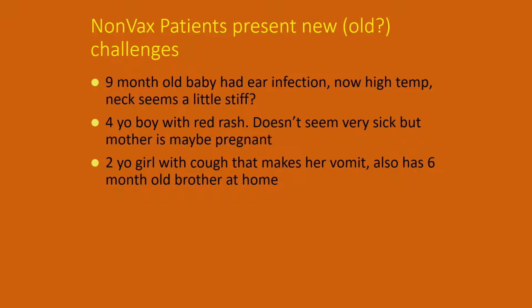So unfortunately, in this child, you're going to be way more likely to have to send this child to the emergency room so that they can have a spinal tap to make sure that they're not developing meningitis. Obviously that'll be a clinical decision based on the amount of stiffness in the neck and your general impression of the child, but it does add a new element to the clinical decision making.